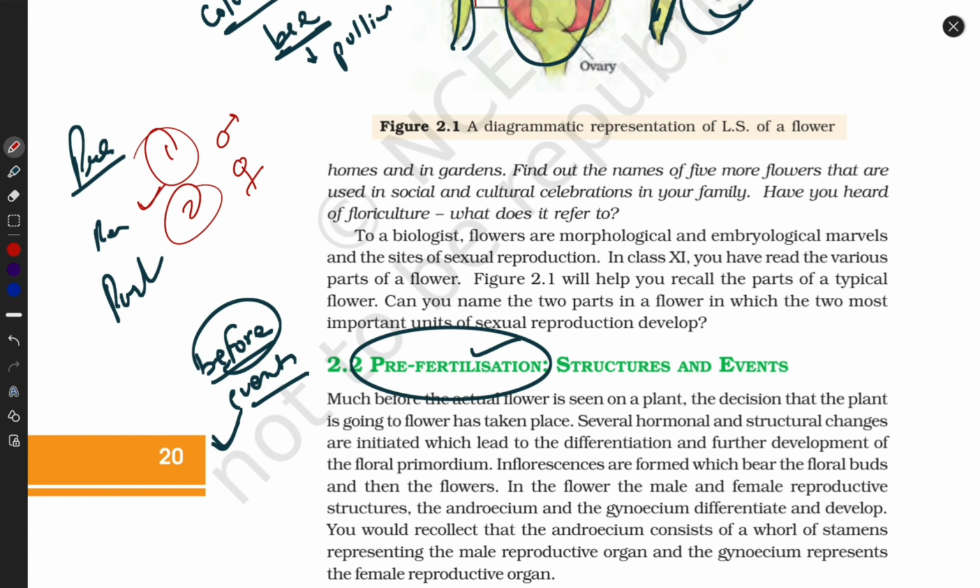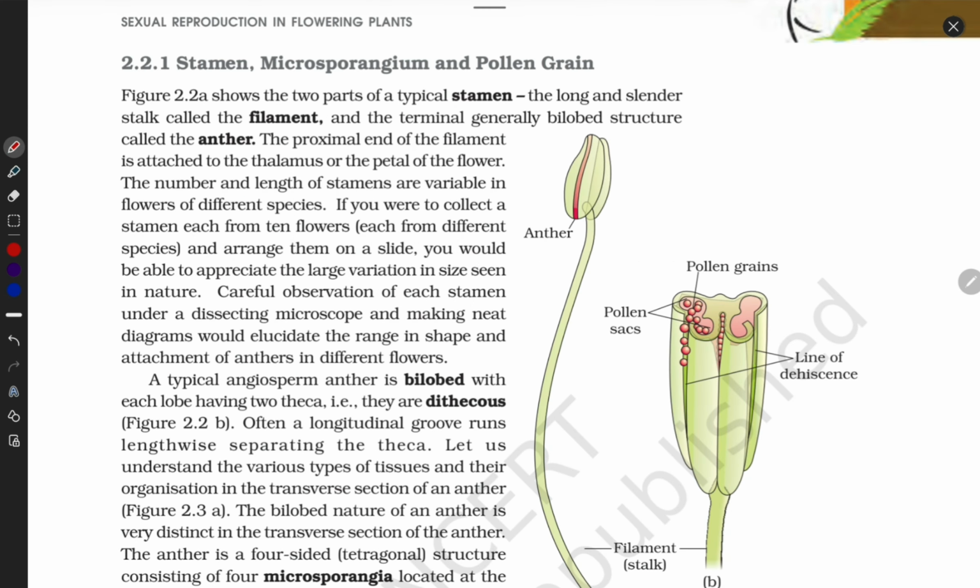They check their orientation, differentiation and development. For the male sex organ, they check the pollen grains, stamen, filaments. For the female sex organ, they check the ovary, meaning the egg, the stigma and the style. Let's discuss the male reproductive organ.